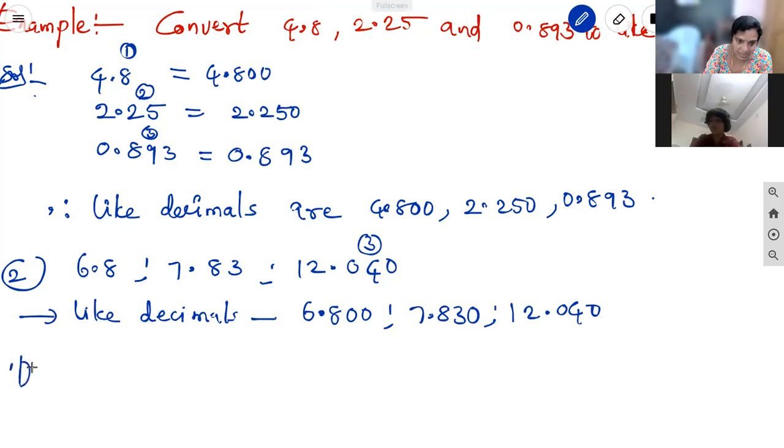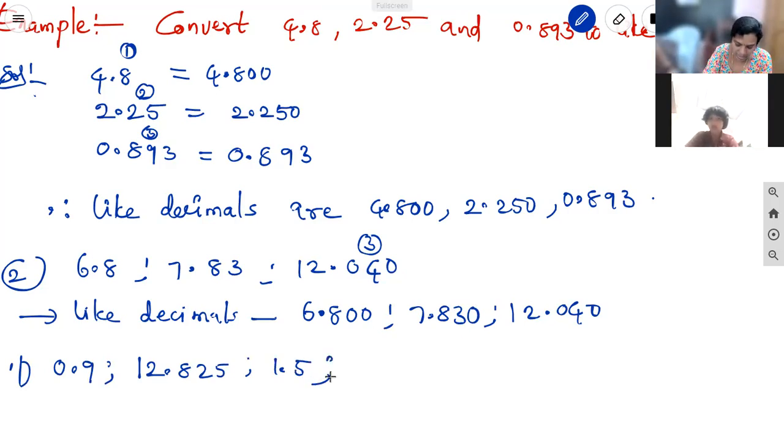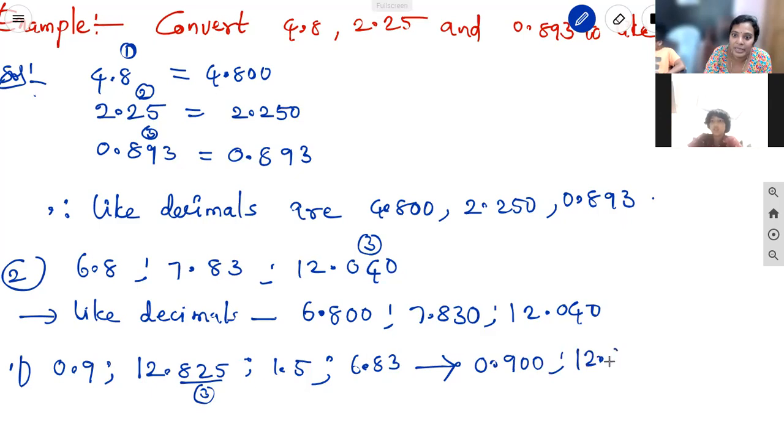The third question: 0.9, 12.825, 1.5, 6.83. Here we can observe 4 numbers are there. In this, the maximum is 3 digits, so we make them like decimals. On the right-hand side, we put as many zeros as required. 0.9 becomes 0.900 with zeros for 3 digits. 12.825 already has 3 digits after the decimal point.